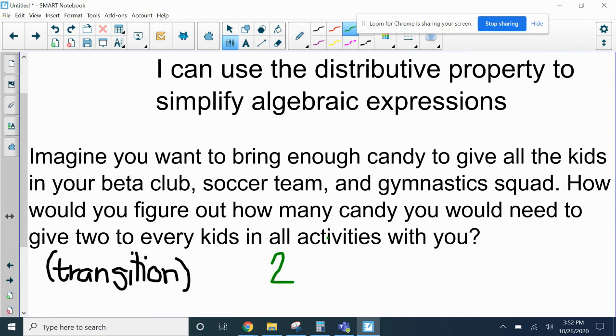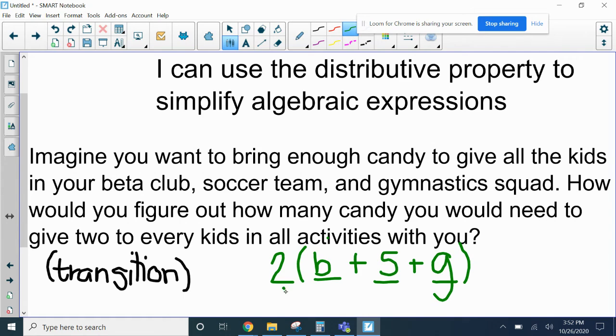What that meant was we had to multiply everything in our parentheses by 2. Well, we have 1 group, 2 groups, and 3 groups. You are in beta club, soccer team, and gymnastics. So 2 times beta club plus 2 times the soccer team, number of kids, plus 2 times gymnastics.